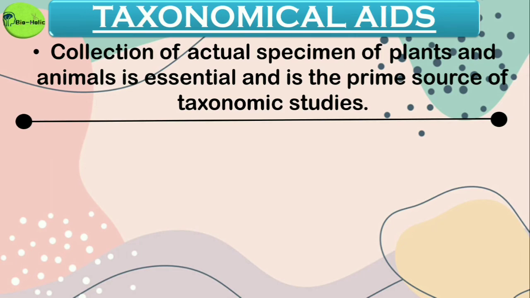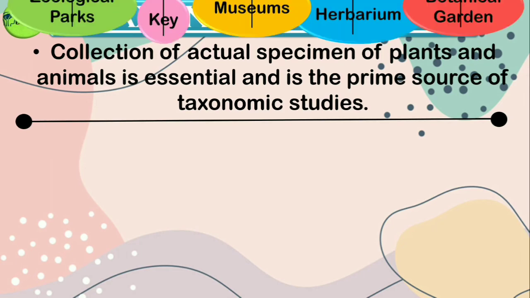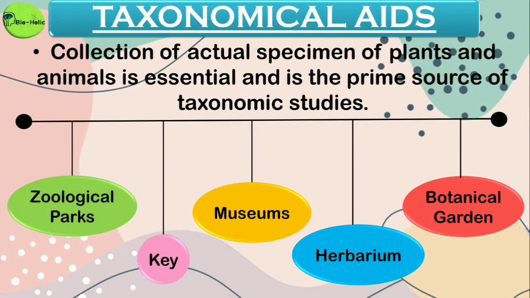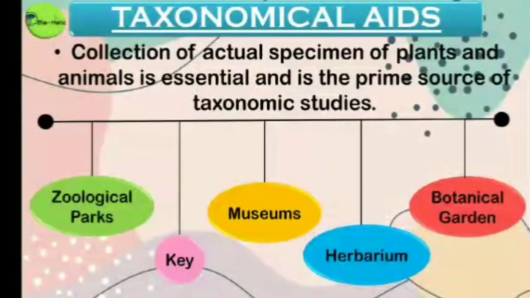Some basic taxonomical aids are zoological parks, keys, museums, herbarium and botanical gardens. And now I am going to talk about them one by one.